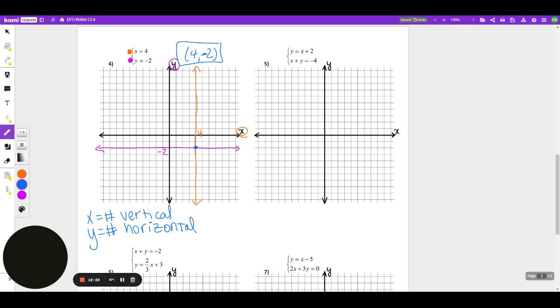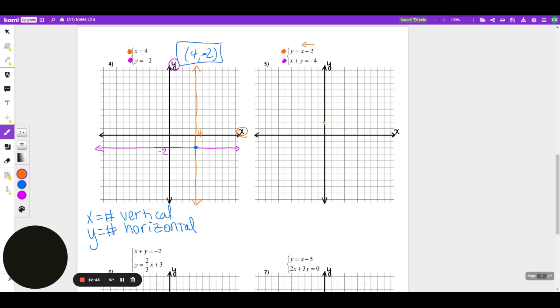Let's go ahead and do one more before I let you practice on your own. We'll do this line as purple and the top as orange. I want to make sure that I have y equals. I do for my orange, so I'm just going to go ahead and graph that backwards.